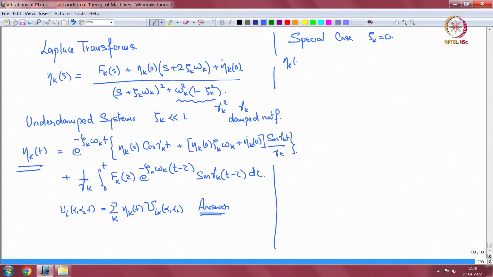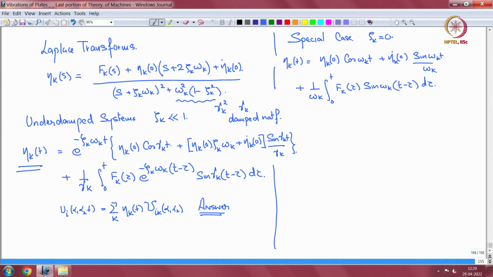The response is equal to eta k 0 cos omega k t plus eta k dot 0 sin omega k t by omega k plus 1 by omega k integral 0 to t of f k of tau sin omega k t minus tau d tau. So that's the story of eta k.